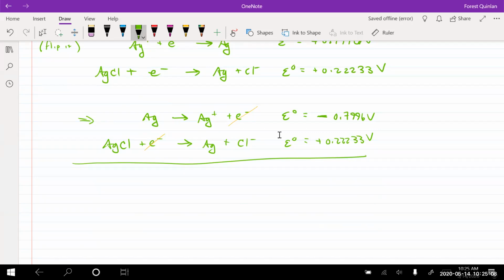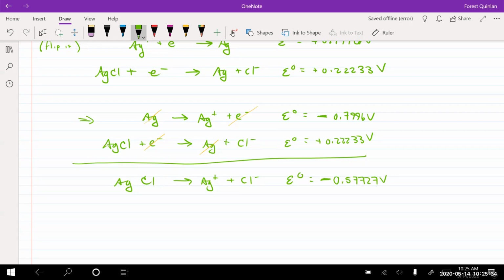So at the end of the day, when we have our AgCl, oh, and we also canceled out our silvers, we have our AgCl breaking apart to be Ag plus and Cl minus. The E naught here is negative 0.57727 volts.